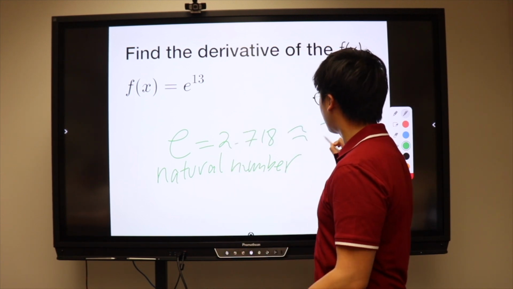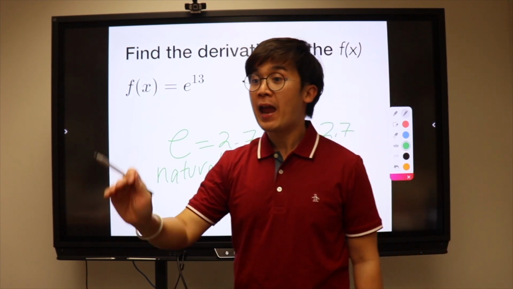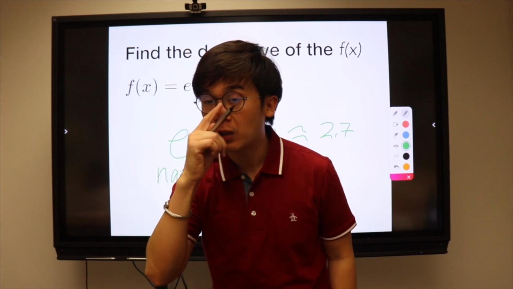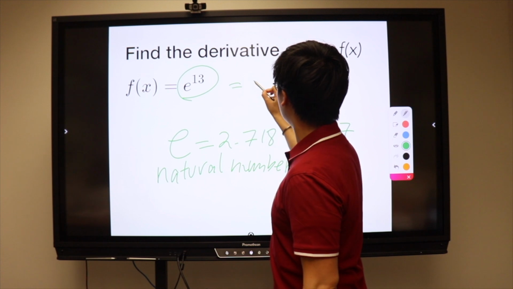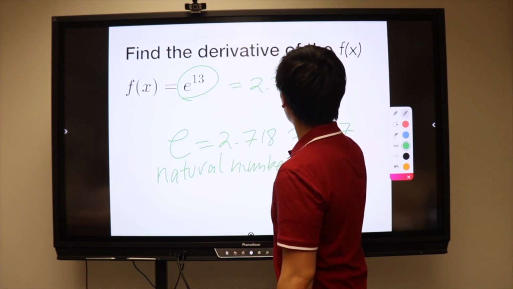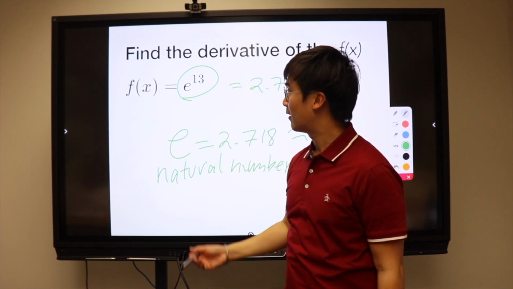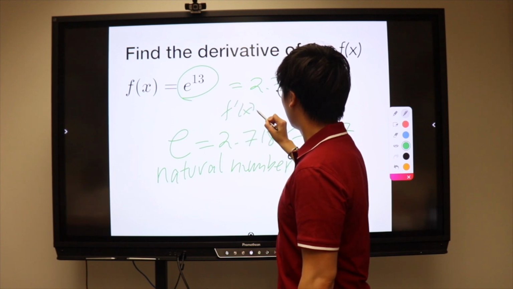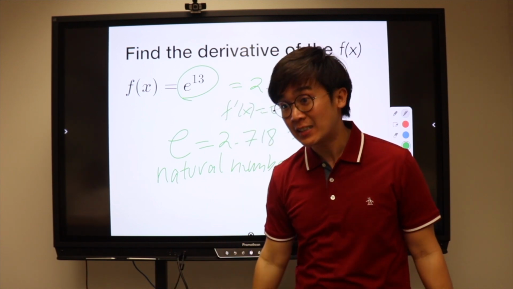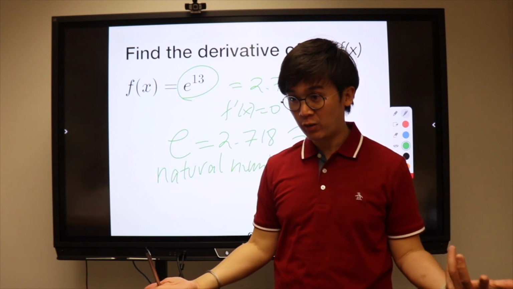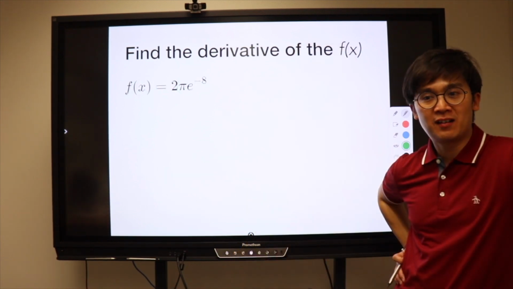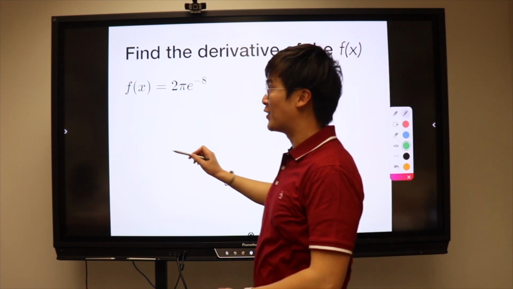So, loosely, 2.7. Every time you see an e, it's equal to 2.7. That's why the derivative of 2.7 raised to 13 is 0 because it's a constant. Now do you understand what I'm speaking about e? You're not finished yet? What is f prime of x? 0.